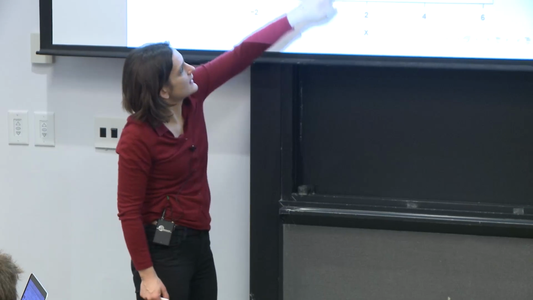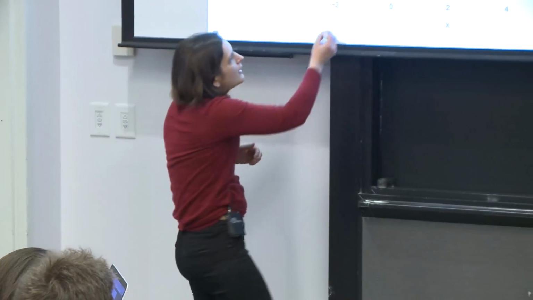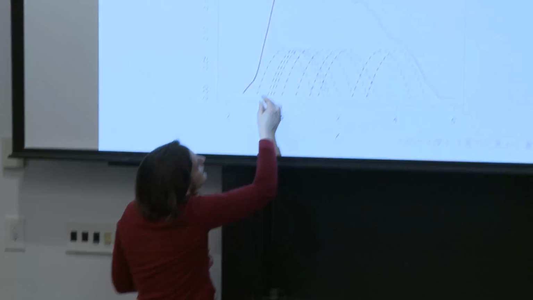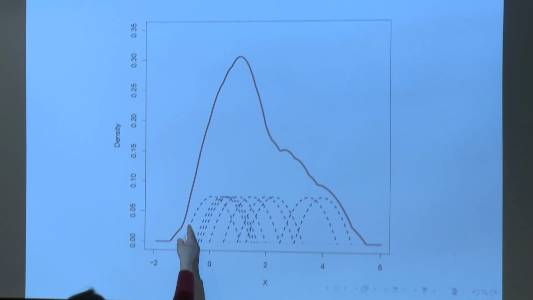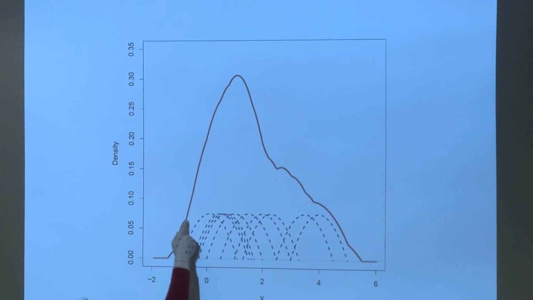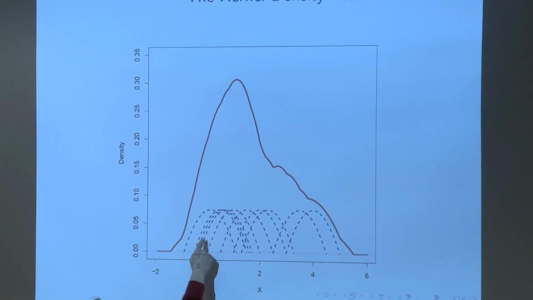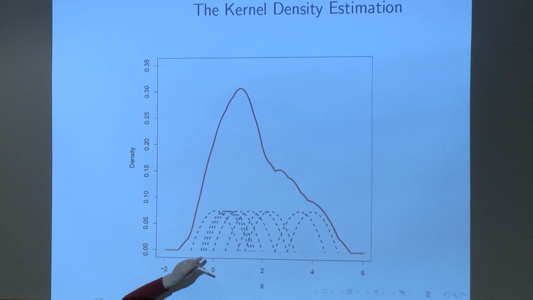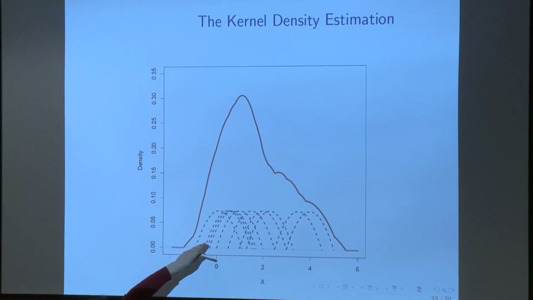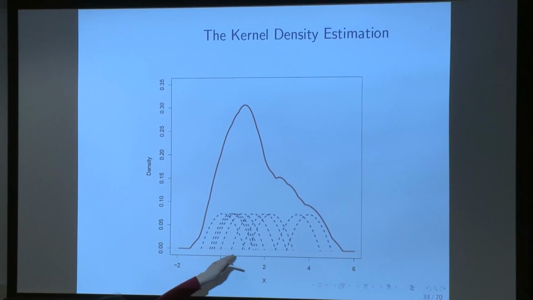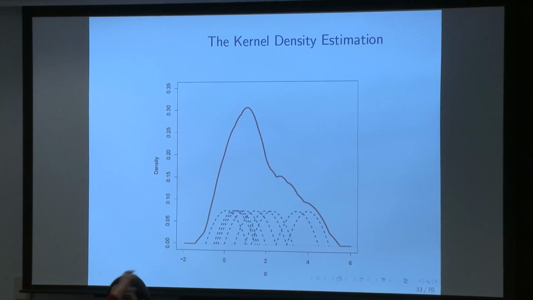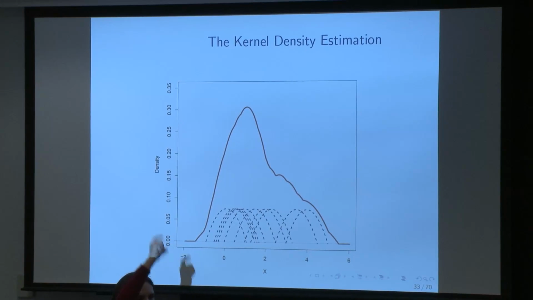So that's the kernel. For example, if I want to know the density for a point over here, I have just one kernel here, so it's going to be that point. If I want to take the kernel at a larger function, I'm going to sum up the vertical distance until I have the point.